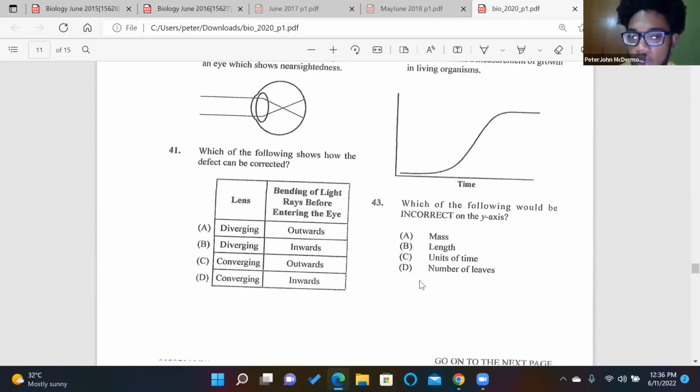All right, let's put it this way. What do we typically notice about things on the y-axis versus on the x? In general, what do we notice?